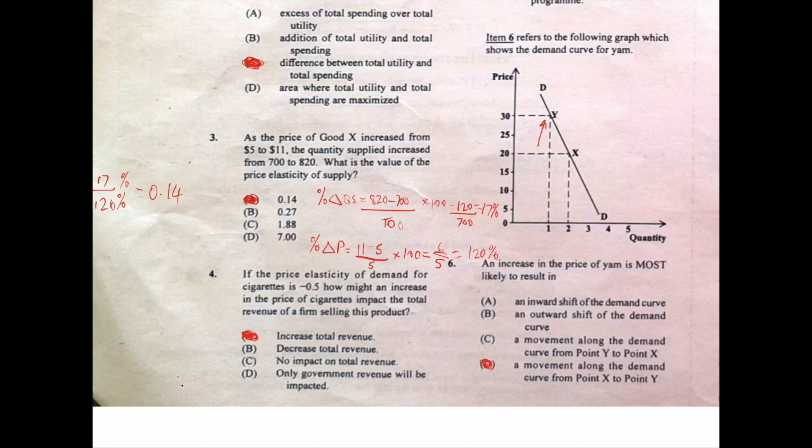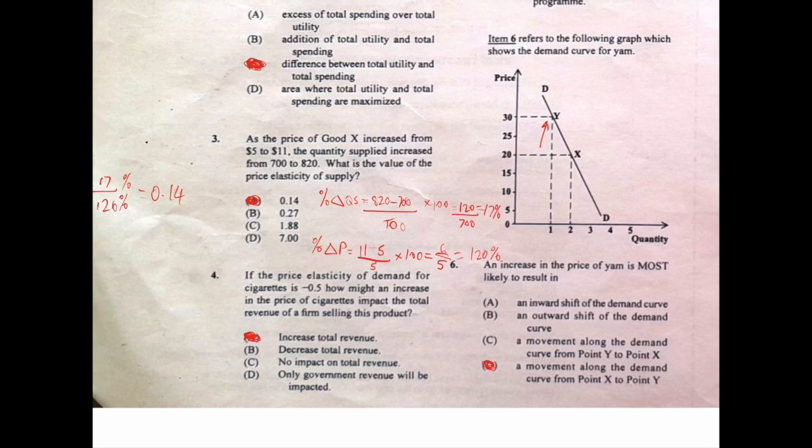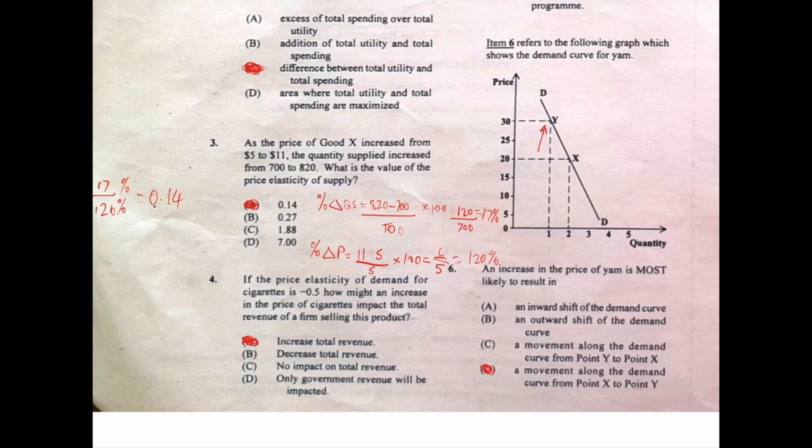So here for quantity supplied, we have 820 minus 700 over 700 times 100. And when you calculate all of that, you get 17%. And then same thing for price, the new price, which is 11, minus the old 5 over 5 times 100, you get 120%. When you put the 17% over the 120%, you get 0.14, and that would be A.